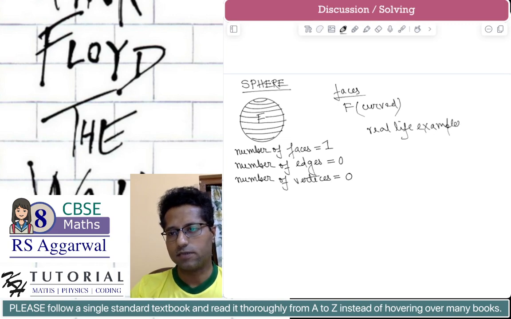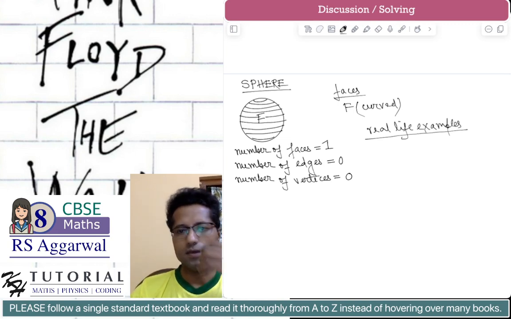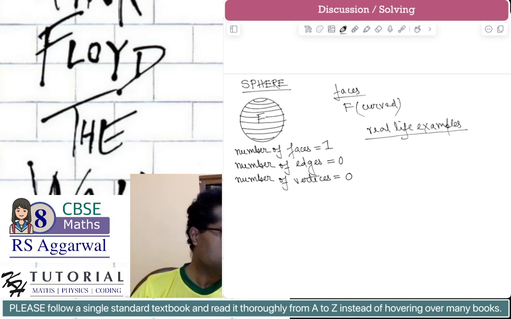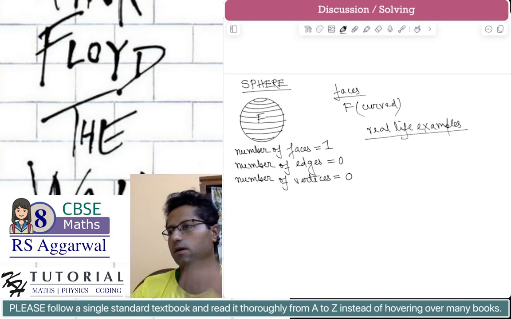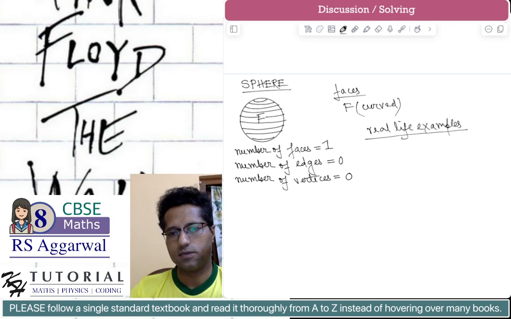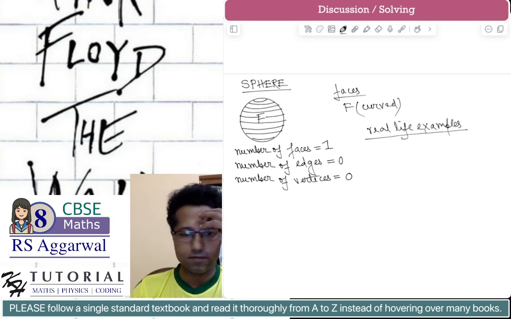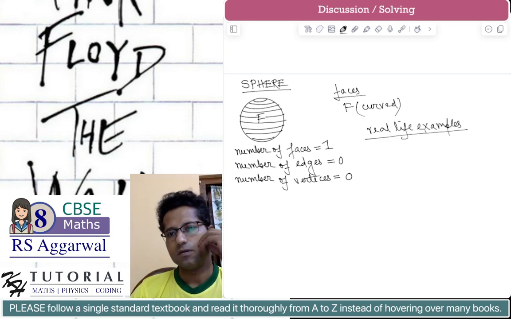So real life examples of objects that have a shape like a sphere, there are many. A cricket ball could be, there are examples given in the book. I don't know whether a cricket ball has exactly the shape of a sphere or not, but in the gym I see there is a medicine ball, which I hope is like a sphere.